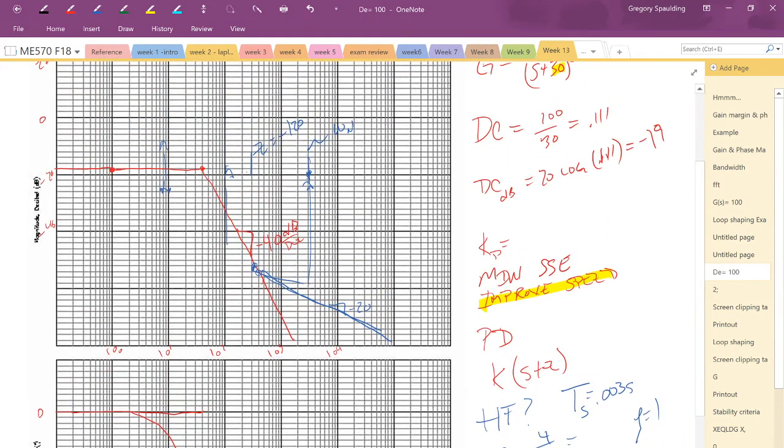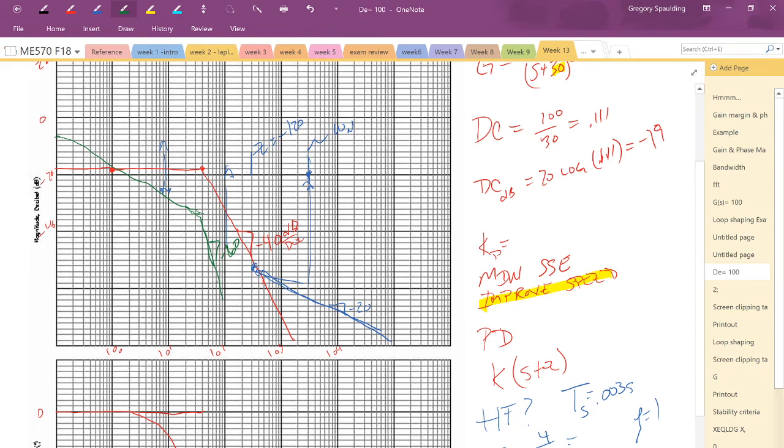Now, if we think about that in terms of our loop shaping, we're going to have an initial slope in here of minus 20 dB per decade from our free integrator. We're going to hit these two poles here at 30, which is going to kick us down. Now we're going to be heading down at minus 60 dB per decade. So we're really going to be zooming down.